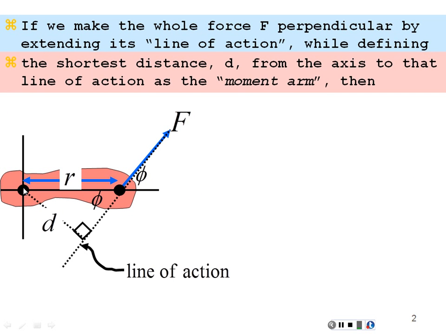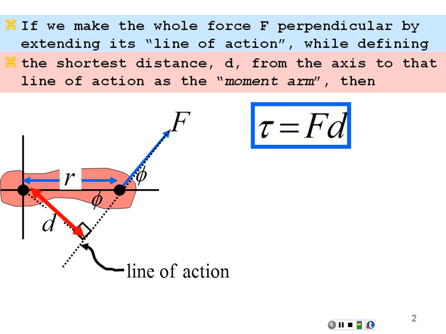So the shortest distance from the axis to the line of action of this force is the perpendicular distance to that line, and that's why I call the moment arm d. The torque can be defined as the full force F times that shortest distance d. That is torque: full force times the moment arm, the shortest distance to the line of action.